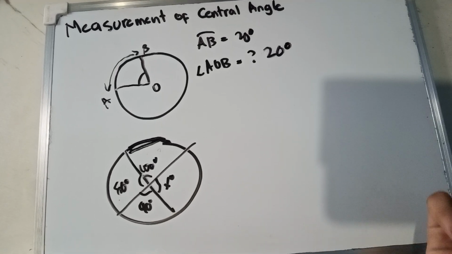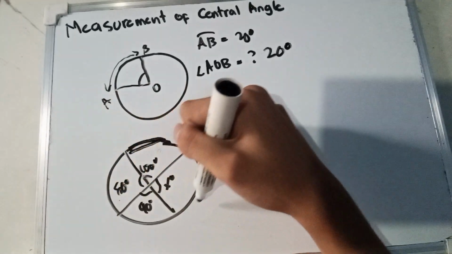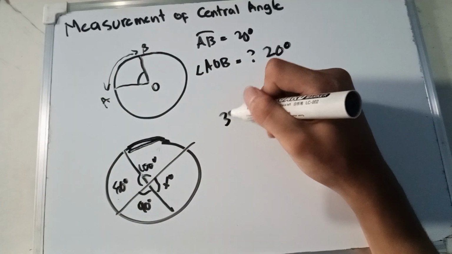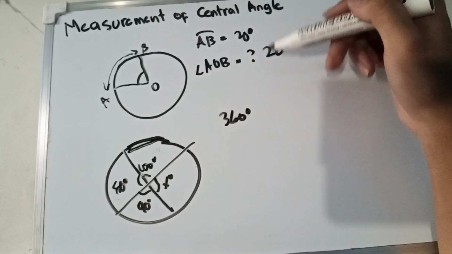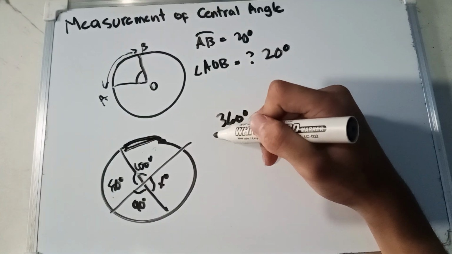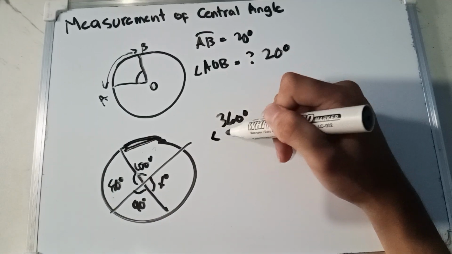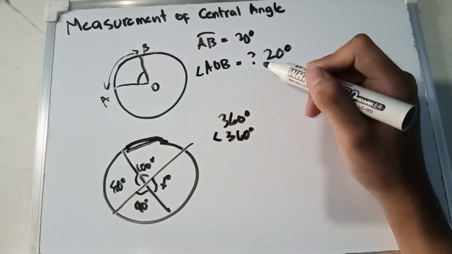Now let's remember that the overall arc here is 360 degrees, and 360 degrees is equal to the central angle, meaning the central angle should also be 360 degrees.